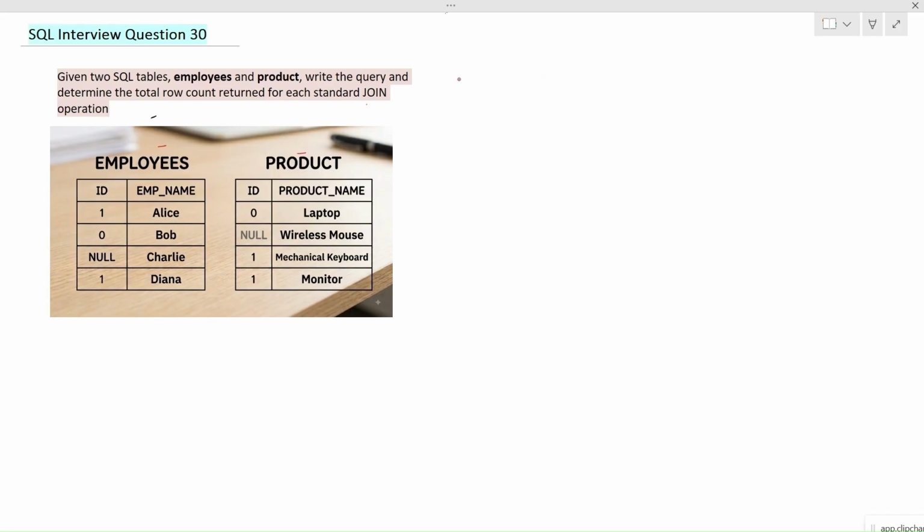We have several types of join. First is inner join. Second, we have left join. Left join is also called a left outer join.